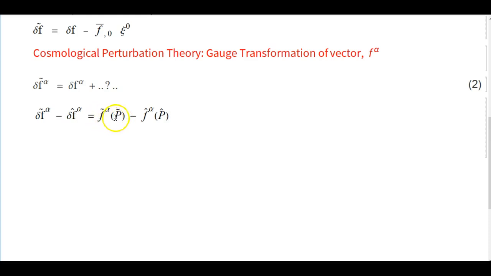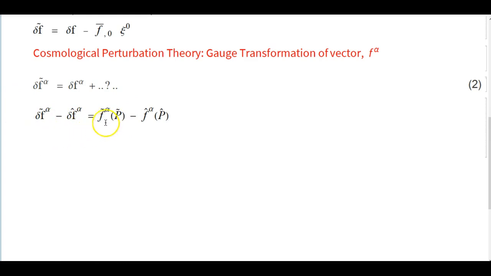Physically they are not the same points, they are different points. When we look at them in one gauge they have different coordinates, but the way we have constructed the gauge theory, they have the same set of coordinates in their respective gauges. So the coordinates of p caret in gauge 1 are the same as the coordinates of p tilde in gauge 2.